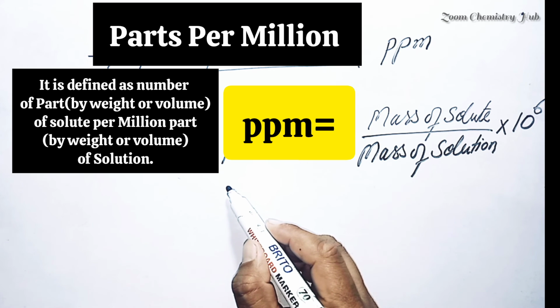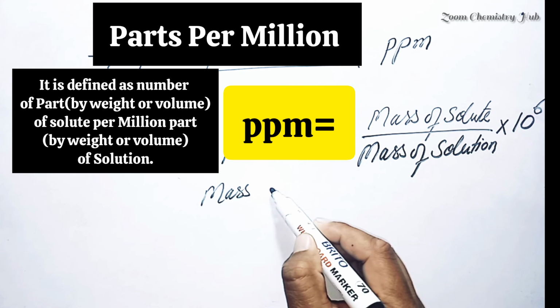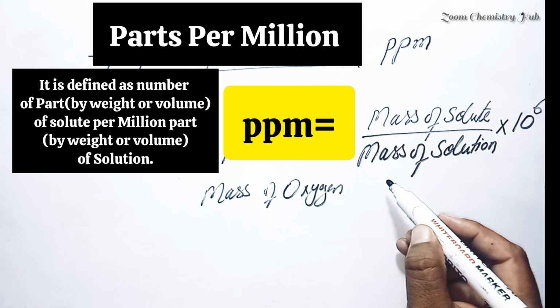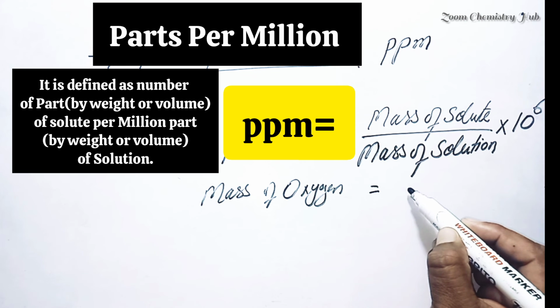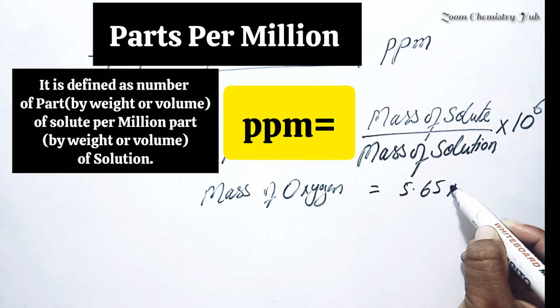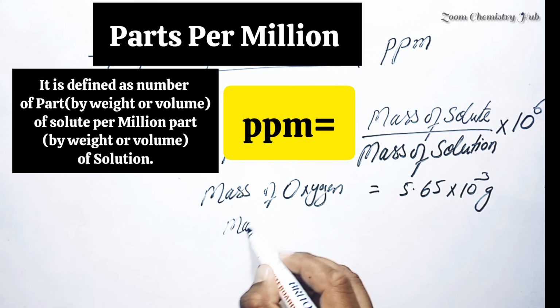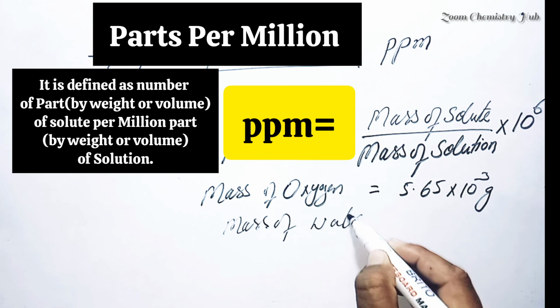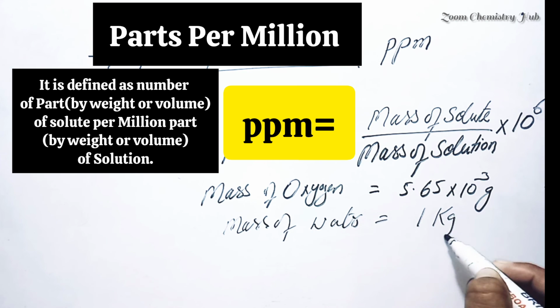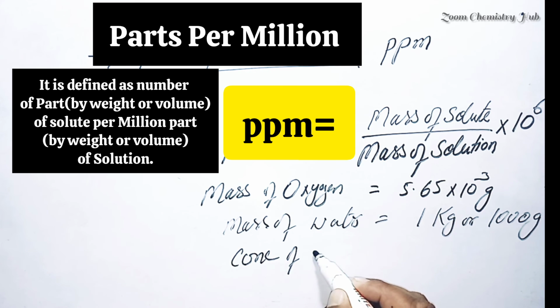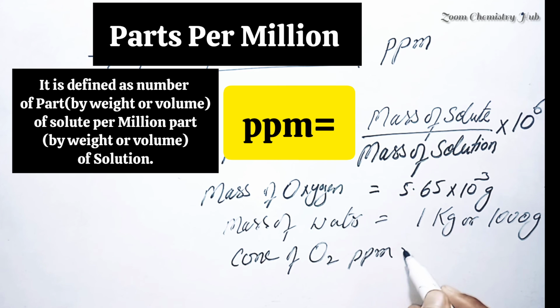So we will take the mass of oxygen that is dissolved in seawater, that is 5.65 multiplied by 10 raised to power minus 3 gram, and the mass of water is 1 kg or 1000 gram, and we have to calculate the concentration of oxygen in parts per million, in ppm.